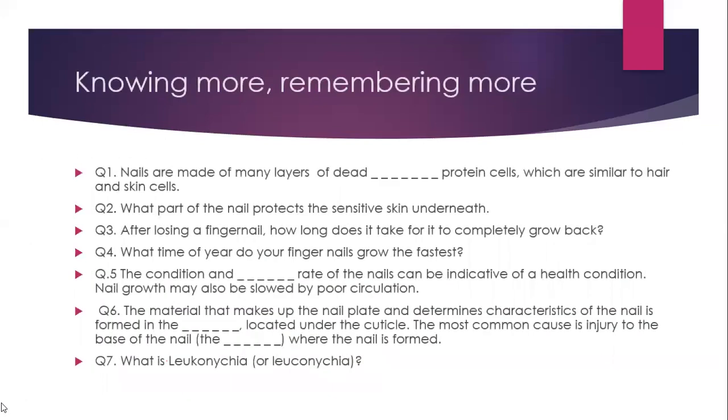Okay. And lastly, do you know what the condition leukonychia is? No. This condition is where you get a discoloration of the nail. It's usually like a white line. This is a very common injury of the base of the nail.